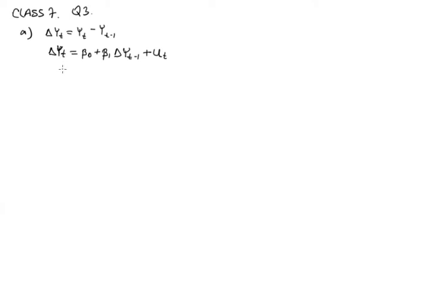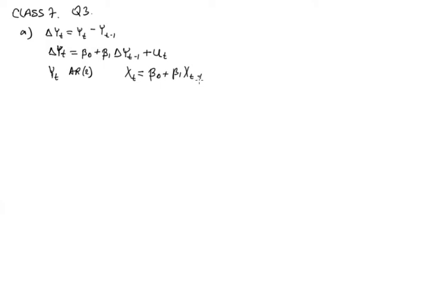Then A says show that yt follows the AR2 model. AR2 models are of the following form. Let's say there is some xt which depends on beta 0 plus beta 1 xt minus 1.